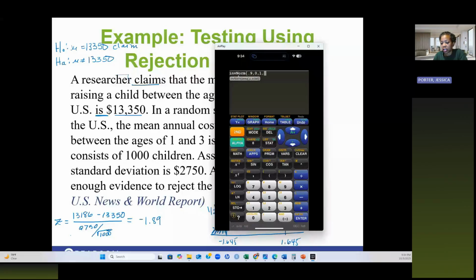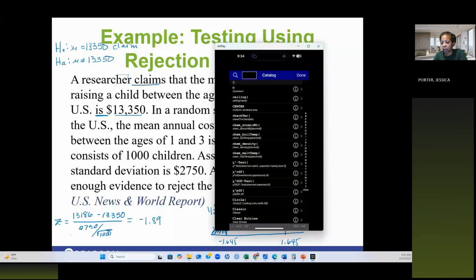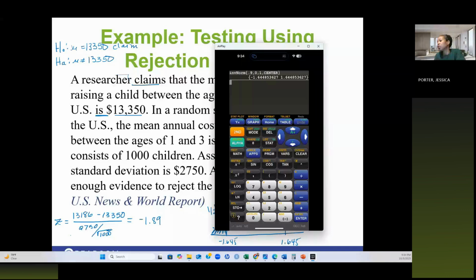Second catalog, center. And there you have it. So notice I didn't put in 0.1, I put in 0.9. So it's slightly different from StatCrunch to TI-84. I had a brain fart there.